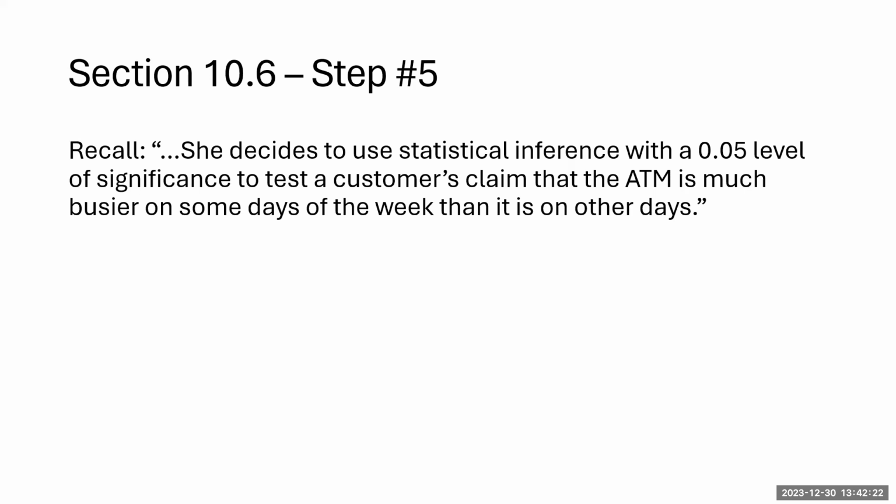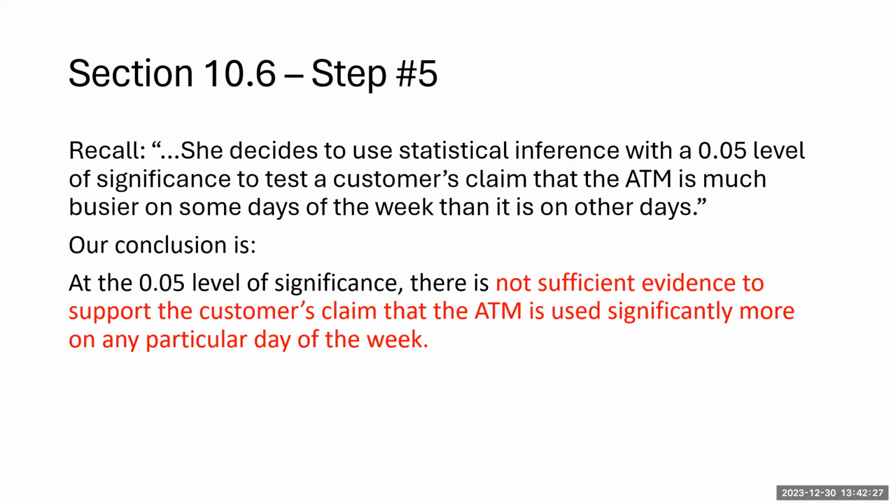So the customer is not always right in this instance. The customer, unfortunately, is incorrect. At the 0.05 level of significance, there is not sufficient evidence to support the customer's claim that the ATM is used significantly more on any particular day of the week.